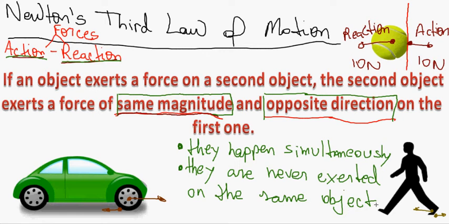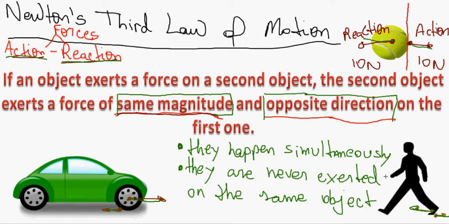An object can't receive a reaction and the reaction of that action. It can receive another reaction, but not the reaction of the first action. So notice here, the action is on the wall, the reaction is on the ball. The action is on the floor, the reaction is on the car. The action is on the floor, the reaction is on the person who is walking. So the action and reaction are never on the same body, on the same object.